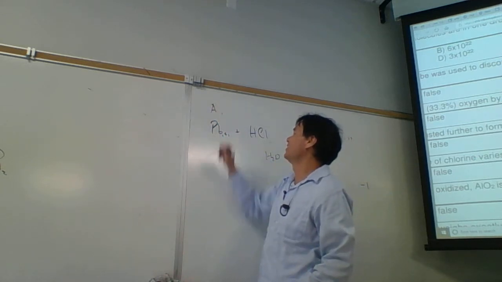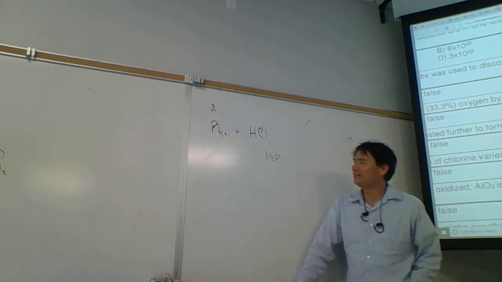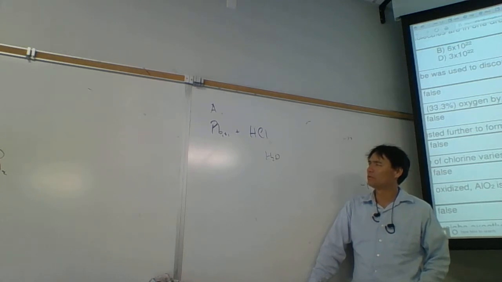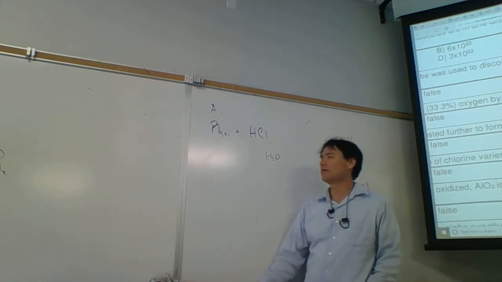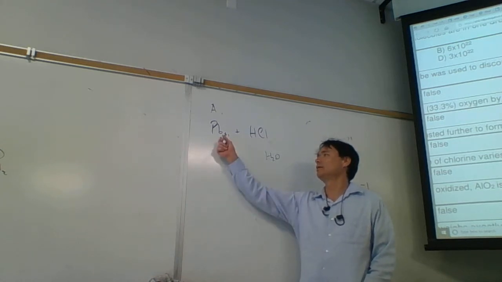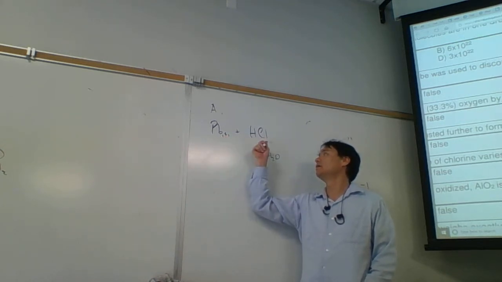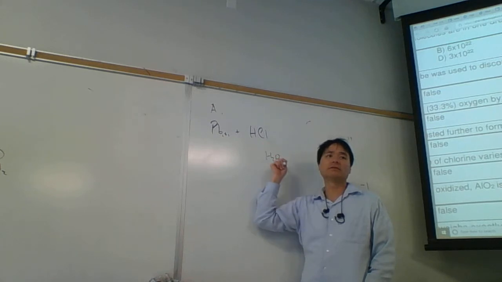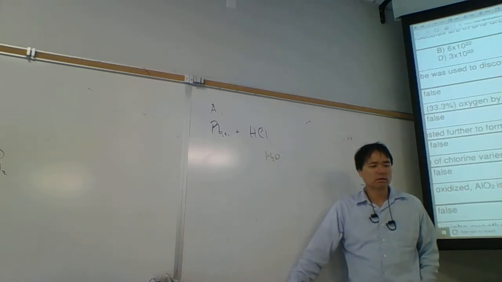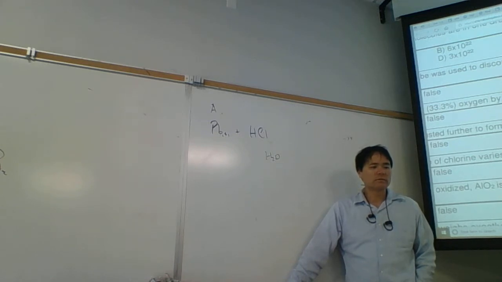What role is A? The reducer. So I think, what are the reducers I have present? I have lead, I have chloride, and I have water. Which one is the most electron rich out of those?